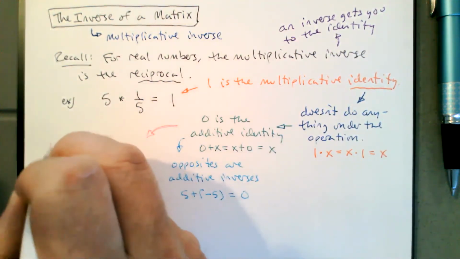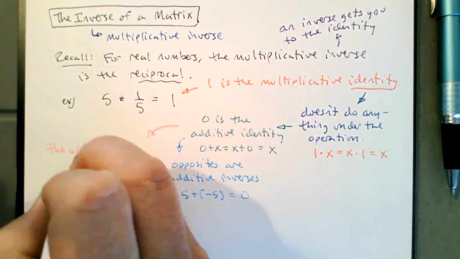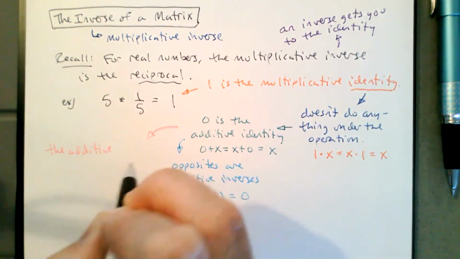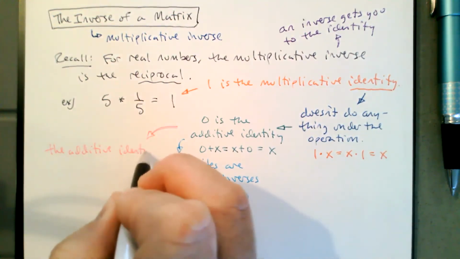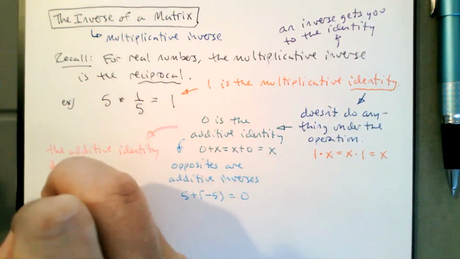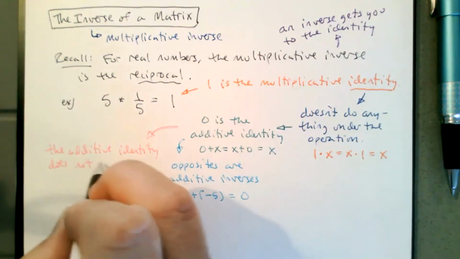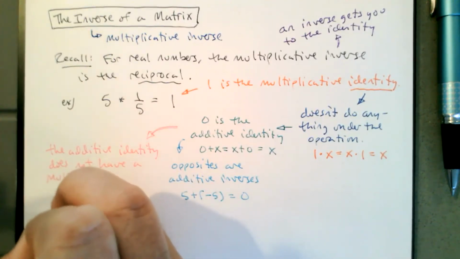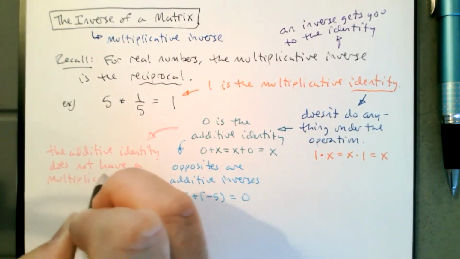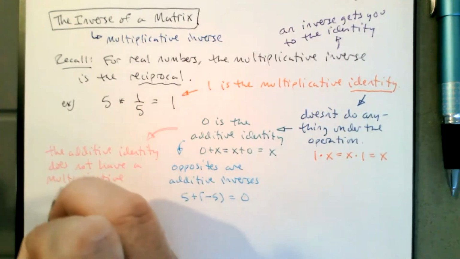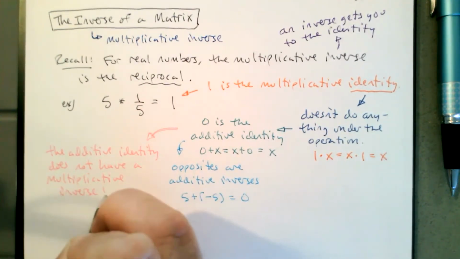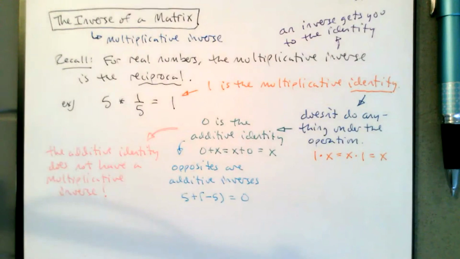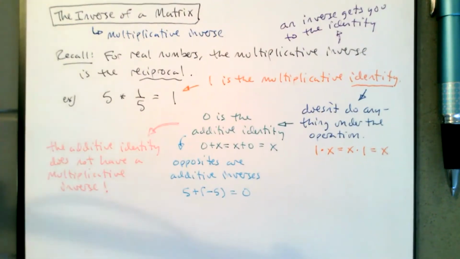The additive identity does not have a multiplicative inverse, because when I multiply by 0, I always get 0.